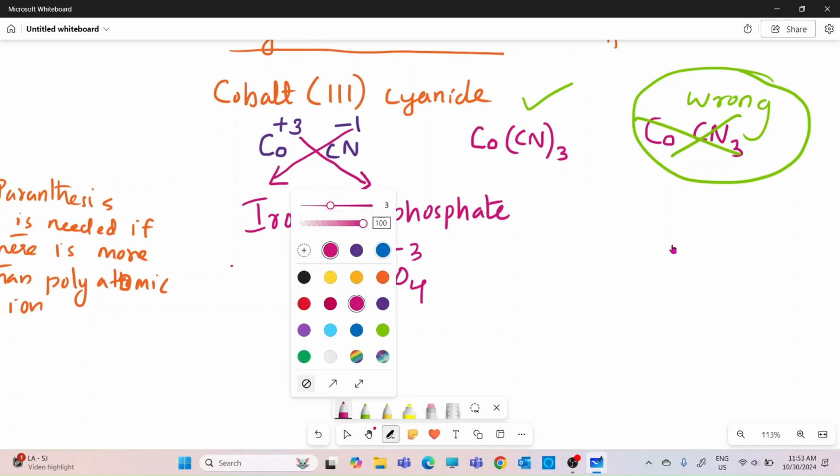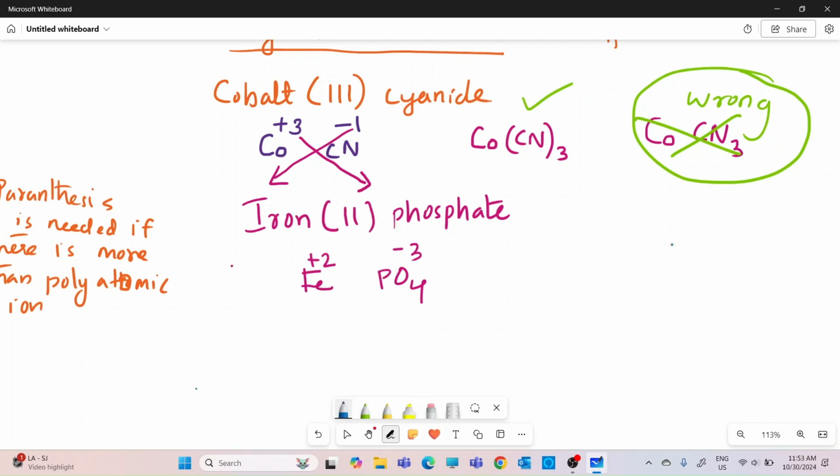Now we are going to do the crisscross method. How many phosphate are needed based on the charge of the ion, and how many Fe are needed based on the charge of this? So we need 3 Fe and 2 PO4. Since it is more than 1, I will place that inside a parenthesis and put the number outside.